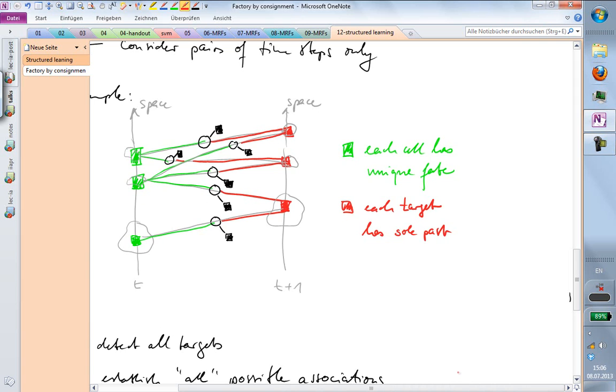So, and if I want to put this in a formula, then I want to have a potential depending on a clique, where the variables in the clique are those that are connected to this factor here.